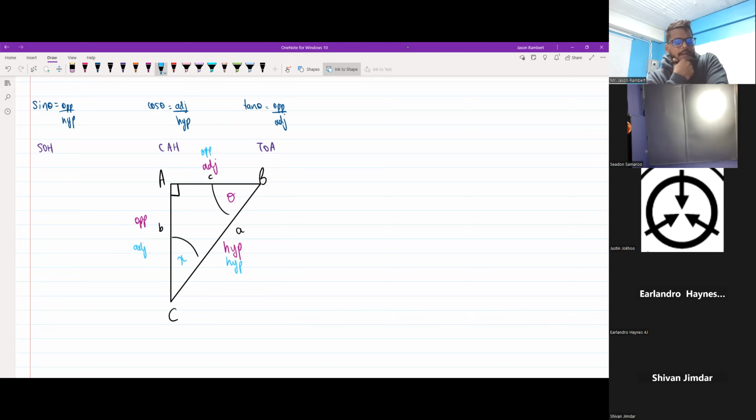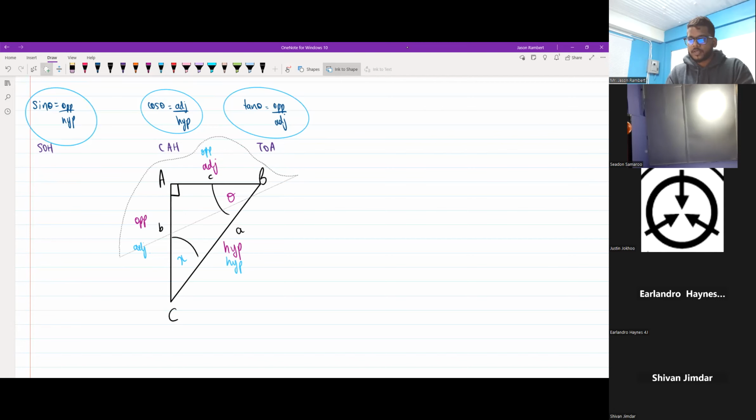So depending on the angle I'm using, the opposite and the adjacent can change. I can only use one angle at a time in our trigonometric ratios. These three are trigonometric ratios. I can only use one angle at a time.